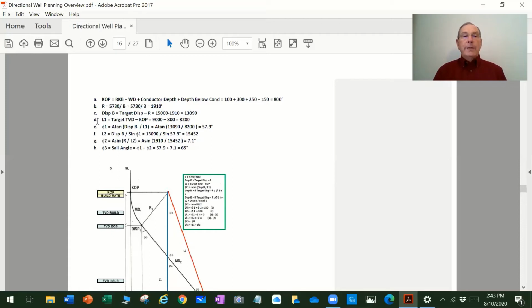L1 is going to be our target TVD minus our kickoff point, which is 9,000 feet minus our kickoff depth of 800 feet, equals 8,200 feet.